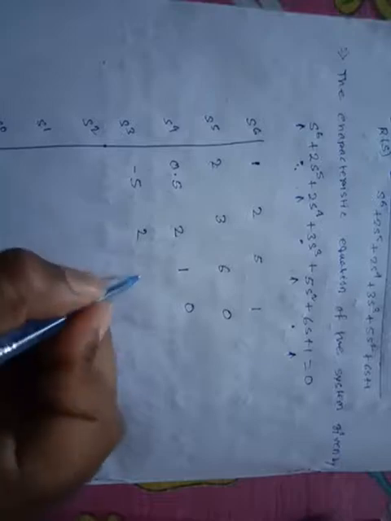I can write this position as 0. Right, the value is minus 5 into 2 minus 0.5 into 2 is 0, divided by minus 5.